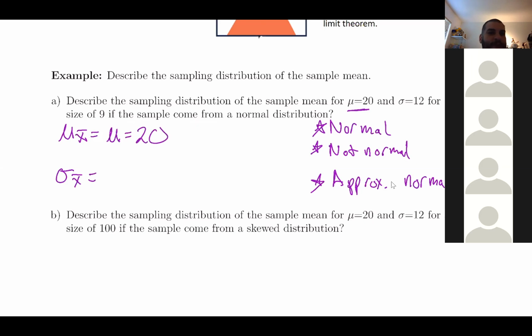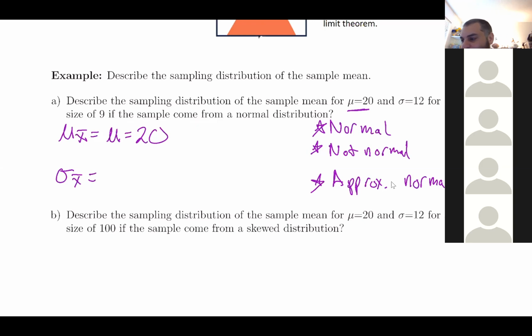You have to just say mu of x bar is equal to 20. Any question in regard to that? No, because it gives it to us? Yeah, since they tell us what mu is, mu is equal to mu of x bar, so you get 20. All right.